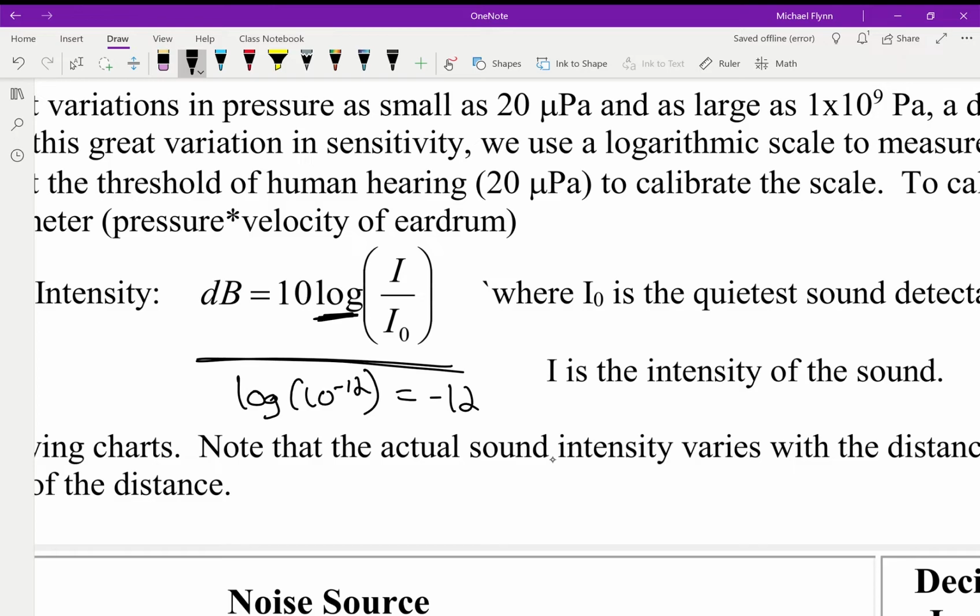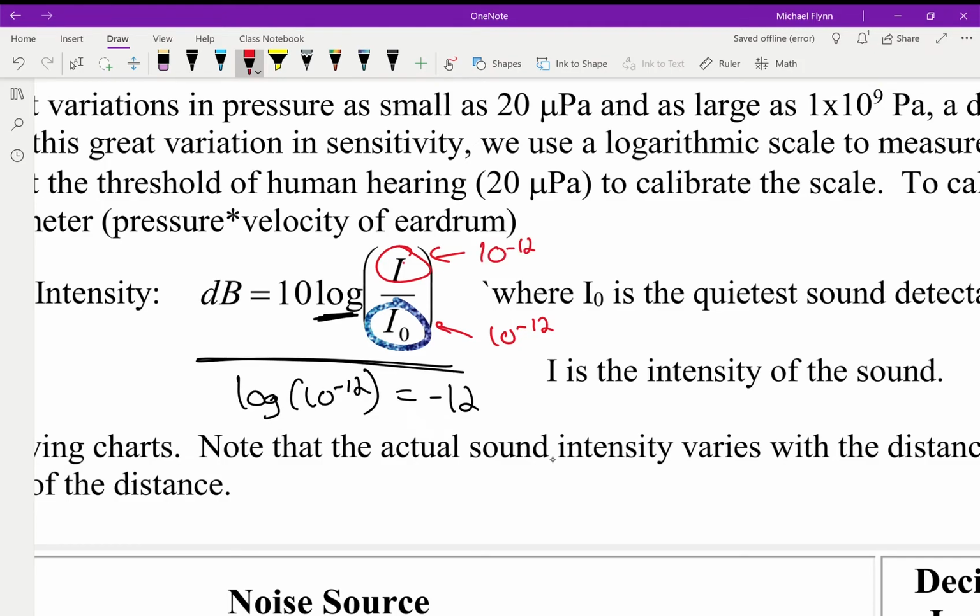I'm going to circle this. This is the threshold of human hearing. This one on top, by the way, is the sound you're actually listening to. This number here is always 10 to the negative 12. Let's say the sound you're listening to is 10 to the negative 12, so it's right at the threshold.